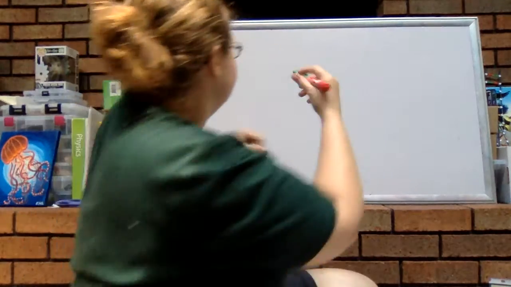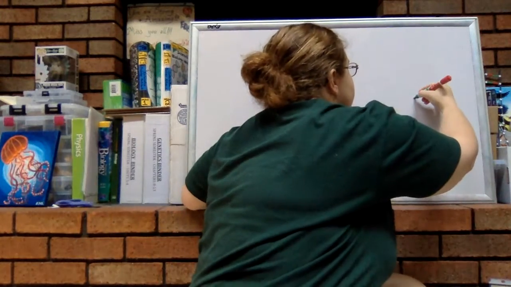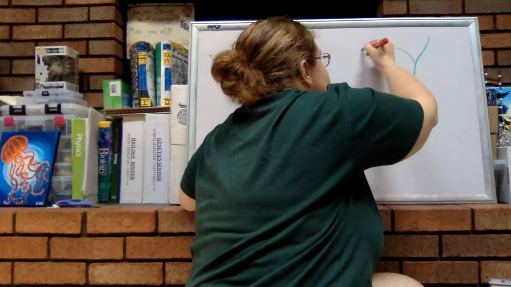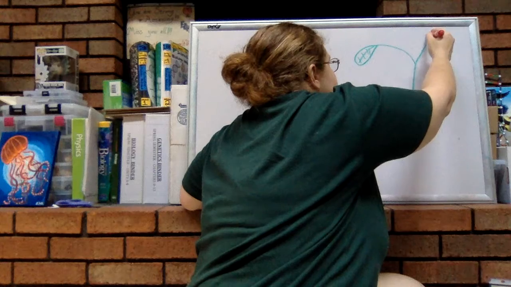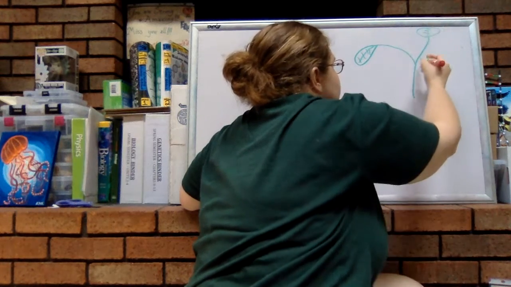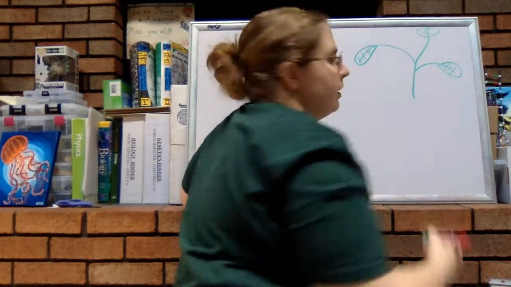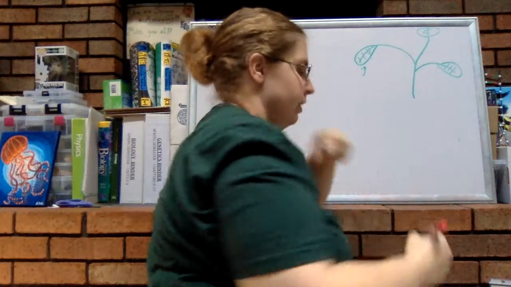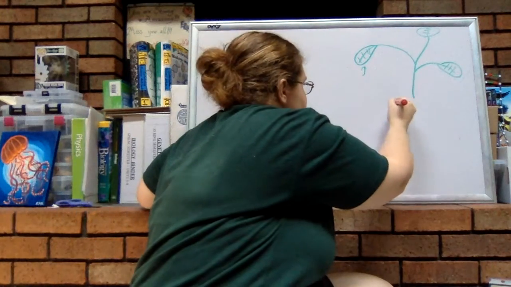So, yeah, we have our plants. It has leaves on it. And the underside of the leaves, if you were to look very, very closely, they have these specialized cells.